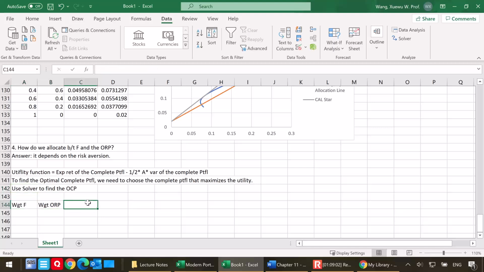All right, so now we're only focusing on the optimal risky portfolio because we know that's the best choice out of all the risky portfolios you're going to be able to construct.